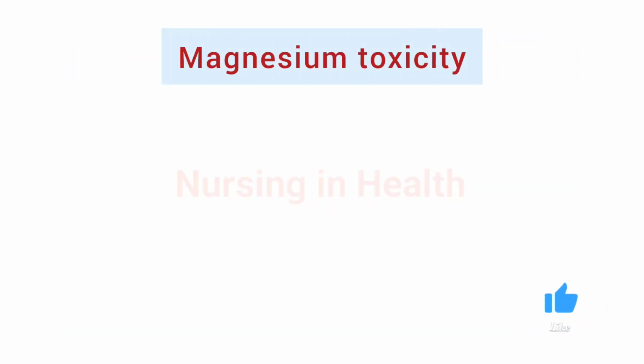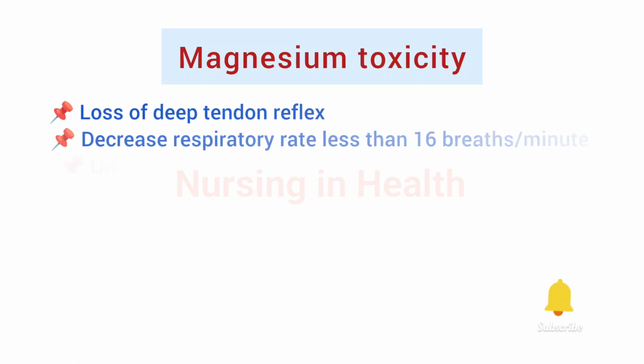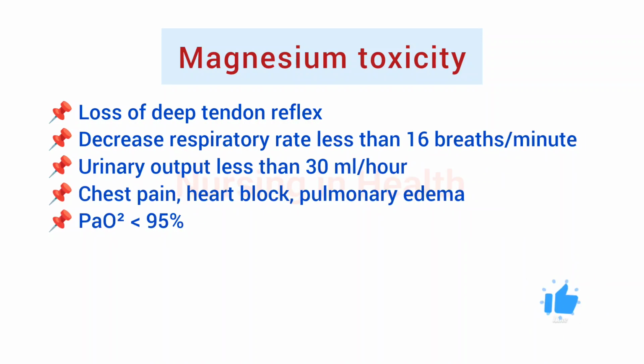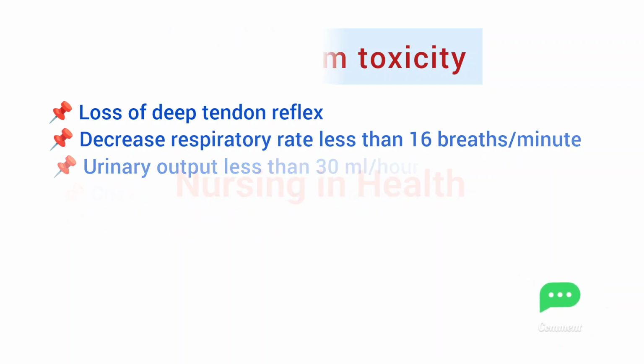How can you detect magnesium toxicity? Loss of deep tendon reflex, decreased respiratory rate less than 16 breaths per minute, urinary output less than 30 ml per hour, chest pain, heart block, pulmonary edema, oxygen saturation monitoring, partial pressure of arterial oxygen less than 95%.